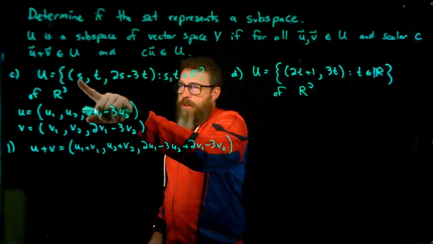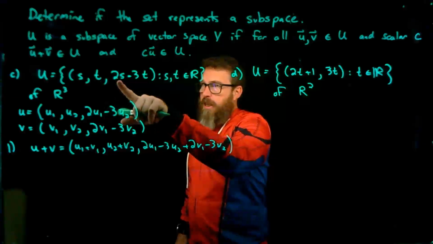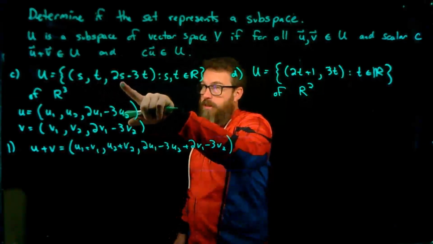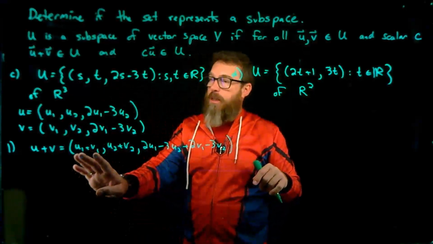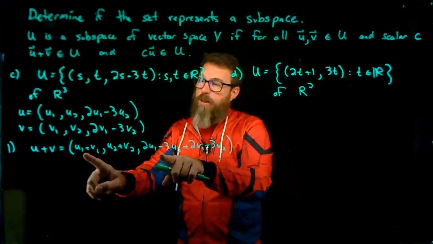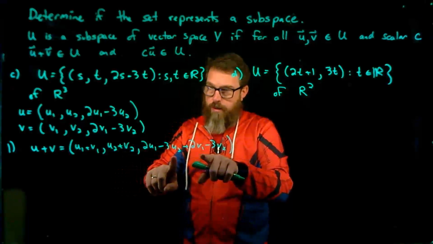So if this is some vector S, then I need this to say 2S. So whatever is here, it has to be double whatever that thing is, and then minus triple whatever this thing is. So this is acting like your S, and this is acting like your T. So what I want to see over here is 2 of these minus 3 of these. So I'm going to reorder this, and we can see that that's going to happen.